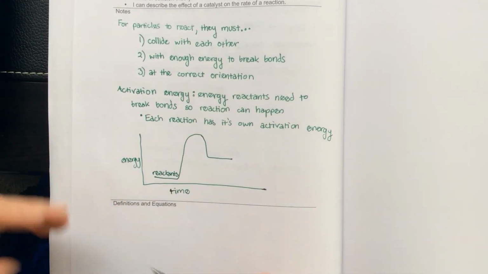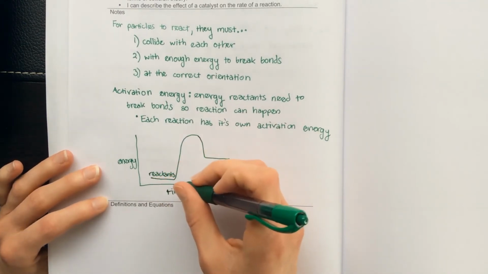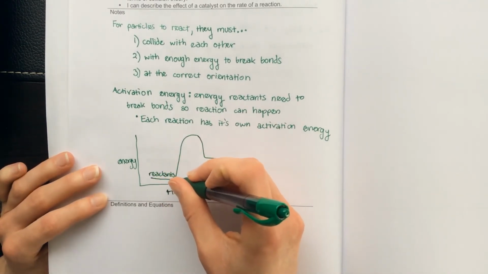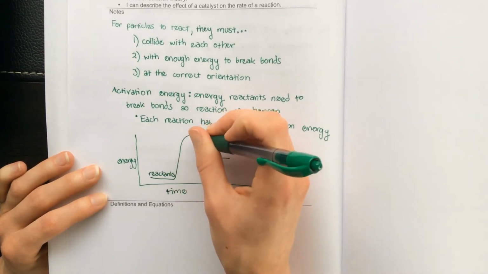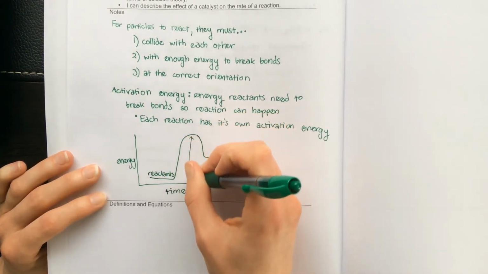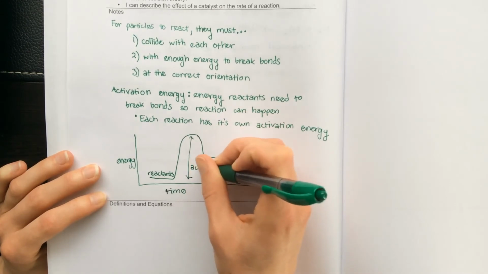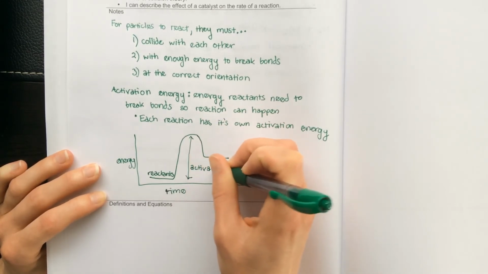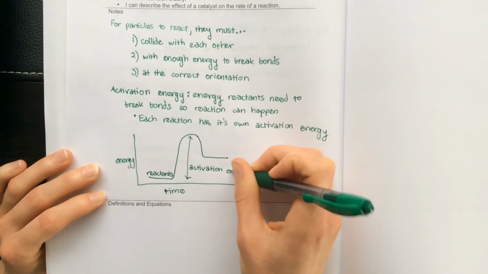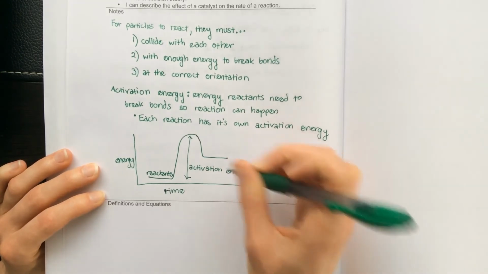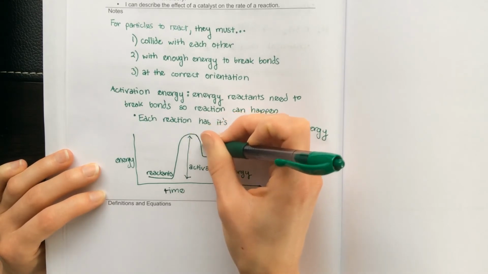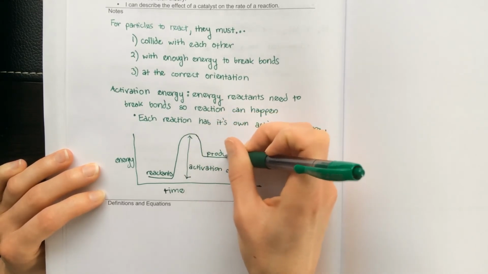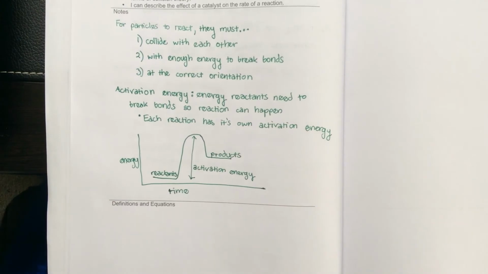Those are the things you're starting with. They don't start out with very much energy. And in order for a reaction to happen, they have to get this much energy. So this distance right here, this is the activation energy. Okay, and then once that energy is reached, then the reaction can happen and you can form some products.